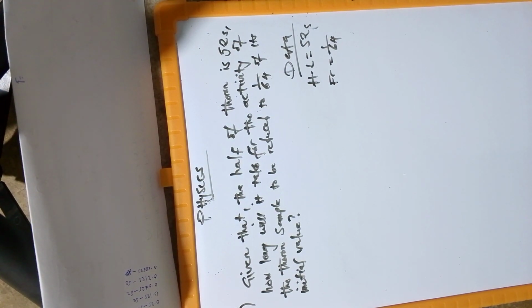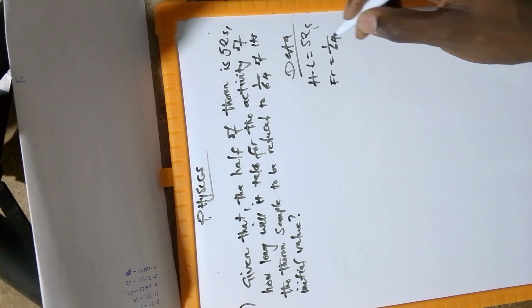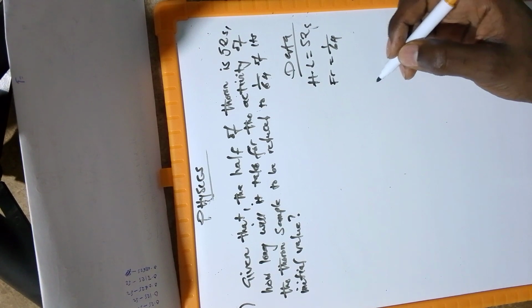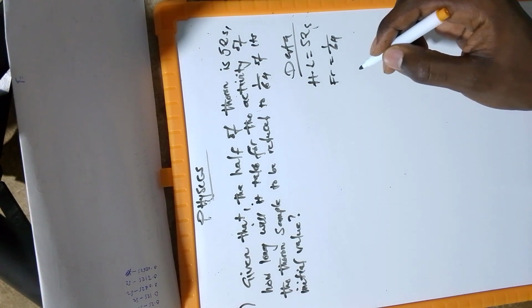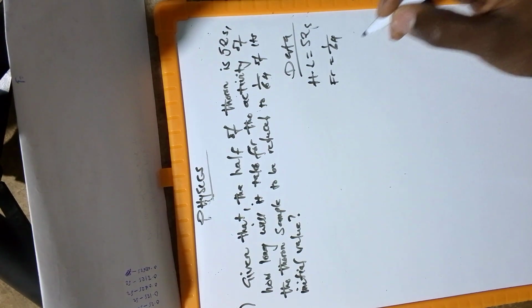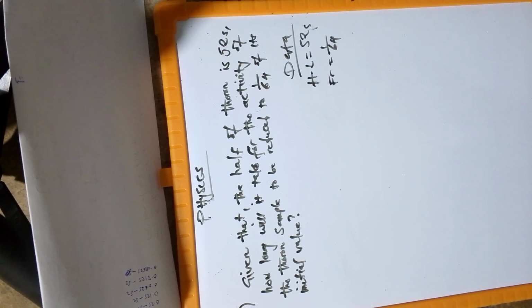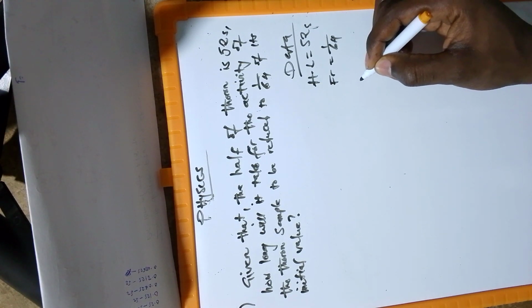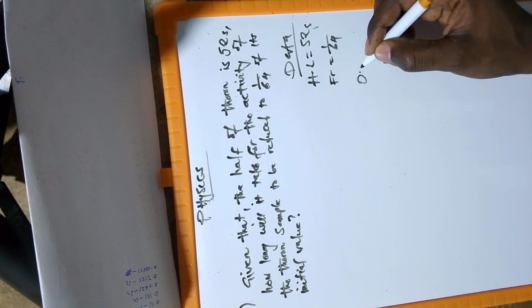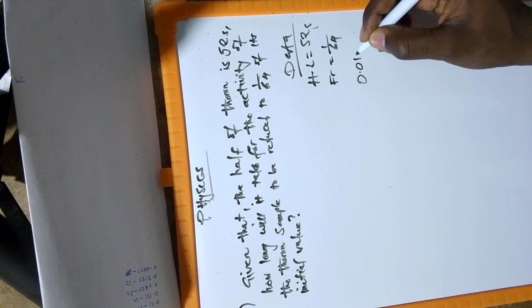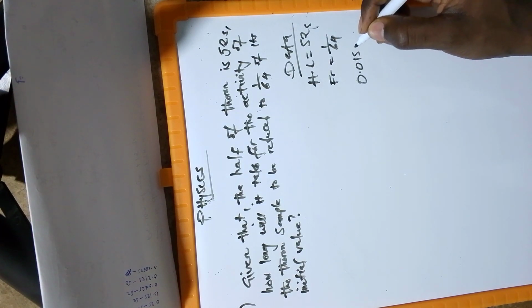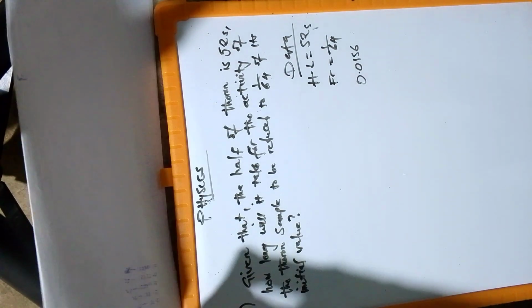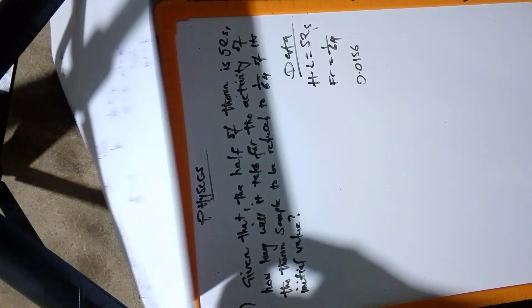So what I'm going to do now is convert this number into a decimal number. If you divide 1/64, we'll get something like this: 0.015625.